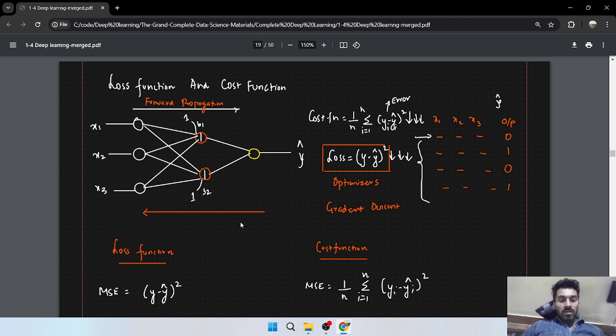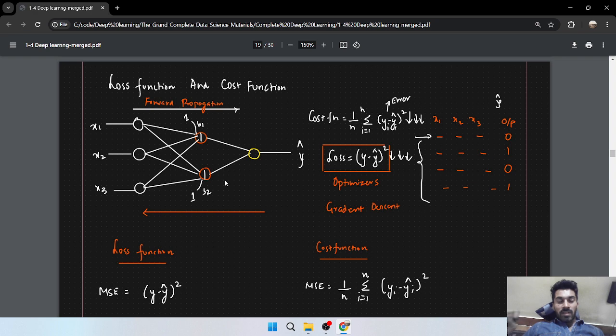So now if somebody asks what is the difference between loss and cost function: loss is for one data point. Think of a stock market. If I ask what is your loss, you say the loss for one day only.